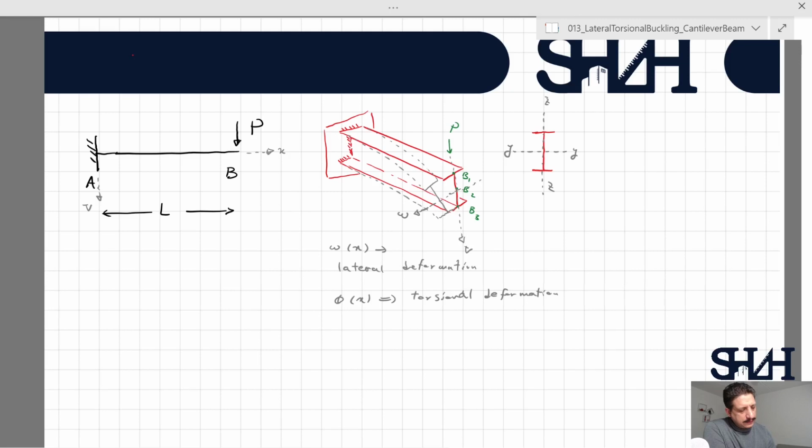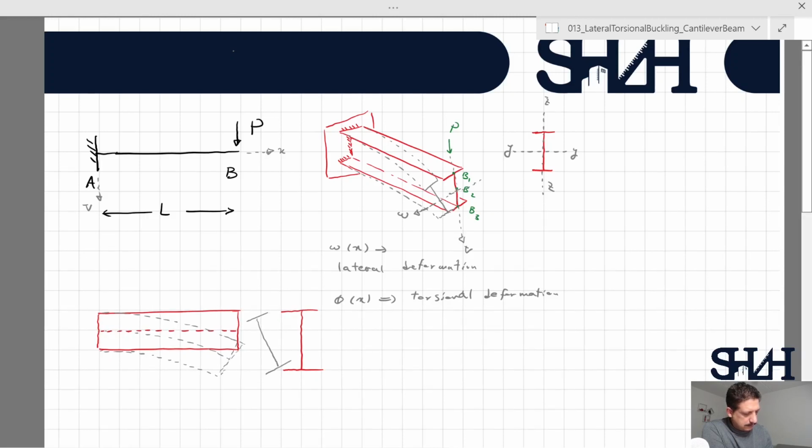In other words, if I look at the cross section from the top, this is the lateral deformation, and if we look at it from the section, the rotation.